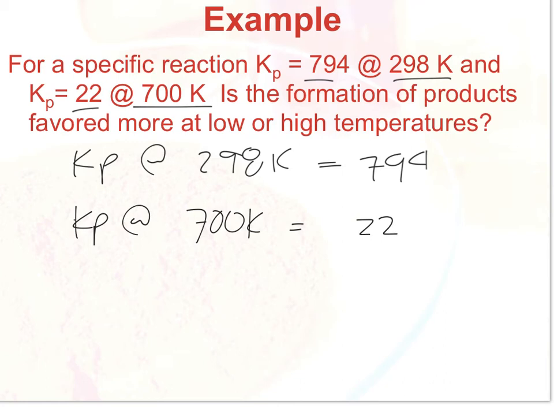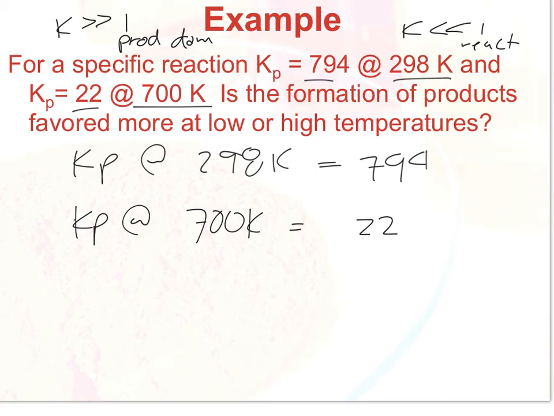So we just said that if your K value is much bigger than 1, then your products dominate, and if your K value is smaller than 1, reactants are going to dominate. In this case, they're asking us, is the formation of products favored more at high or at low temperatures? Remember, the bigger my K value, the more products I'm going to have.